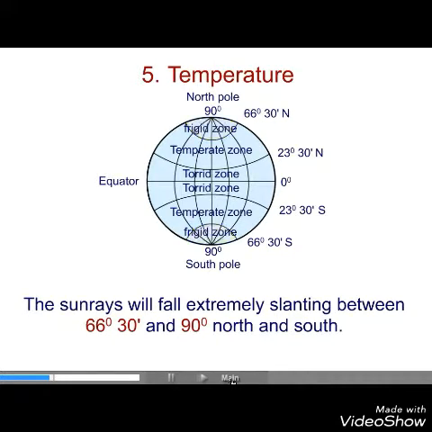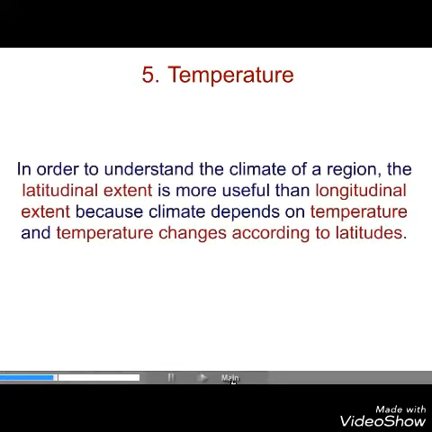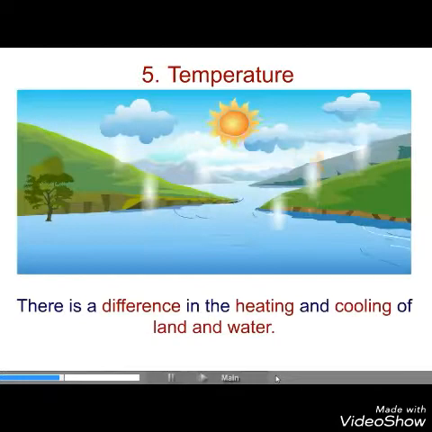The sun rays will fall extremely slanting between 66 degrees 30 minutes and 90 degrees north and south. In order to understand the climate of a region, the latitudinal extent is more useful than the longitudinal extent because the climate depends on temperature and temperature changes according to latitudes.